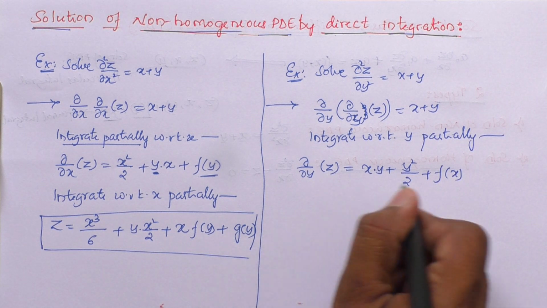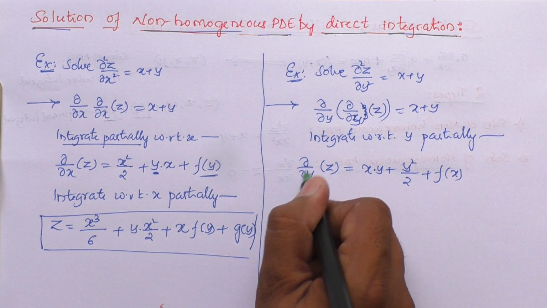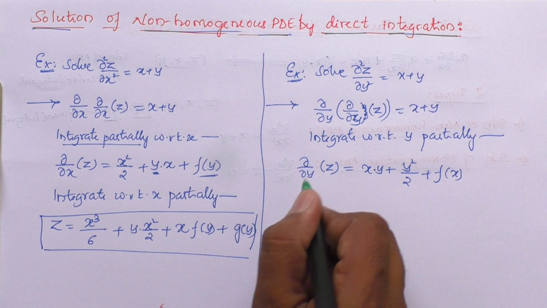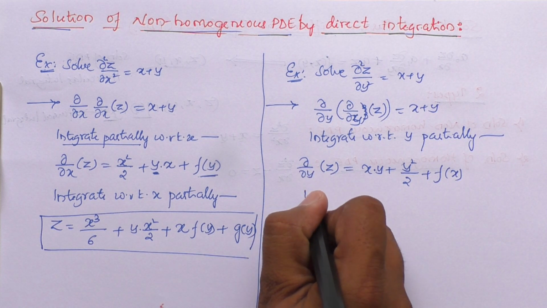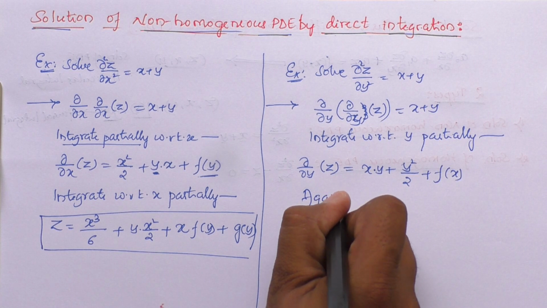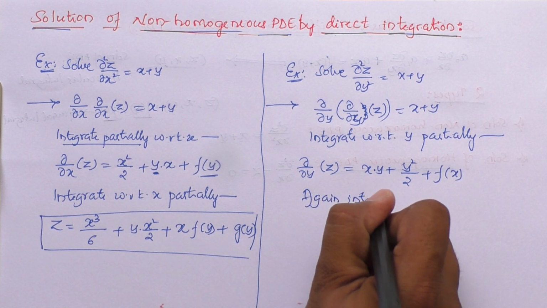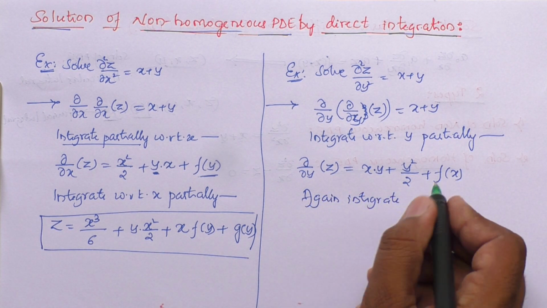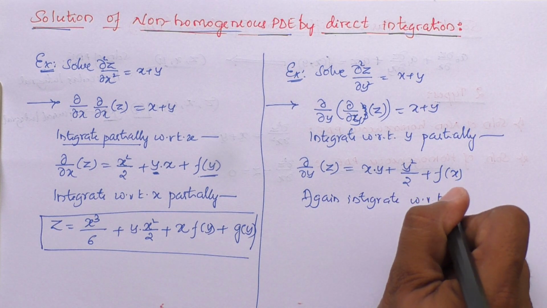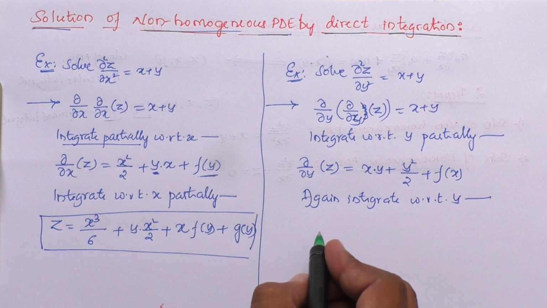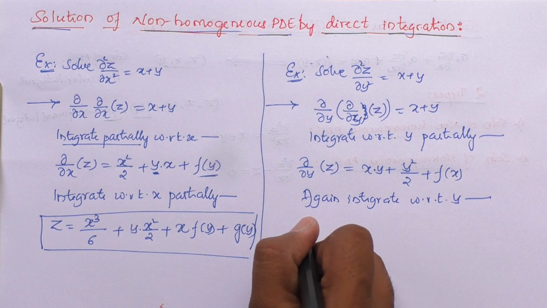So now we got this. So ∂/∂y of z, again a derivative operator, remove it. So for that, again integrate with respect to y partially. So if you integrate, ∂/∂y will be removed. So you will get z.